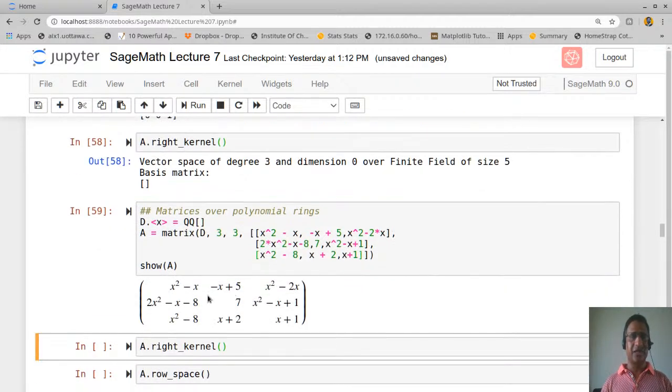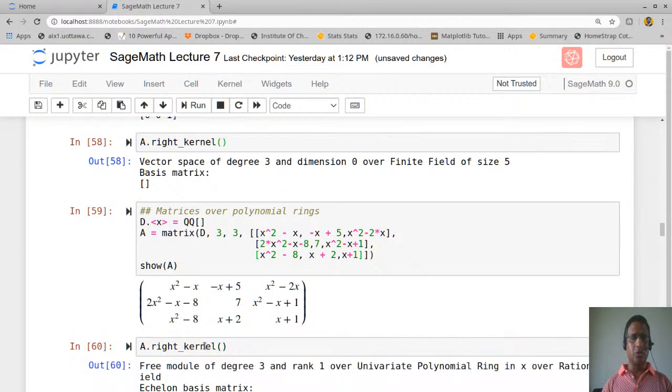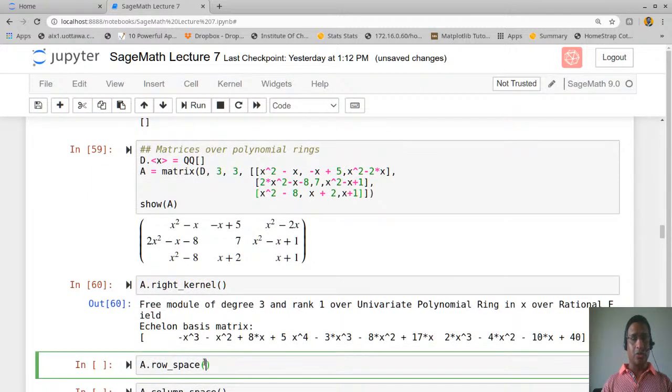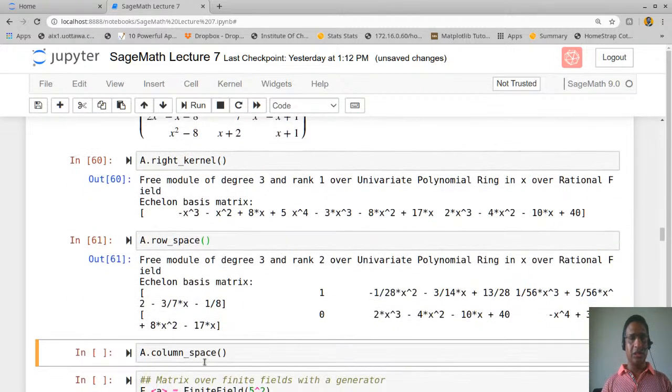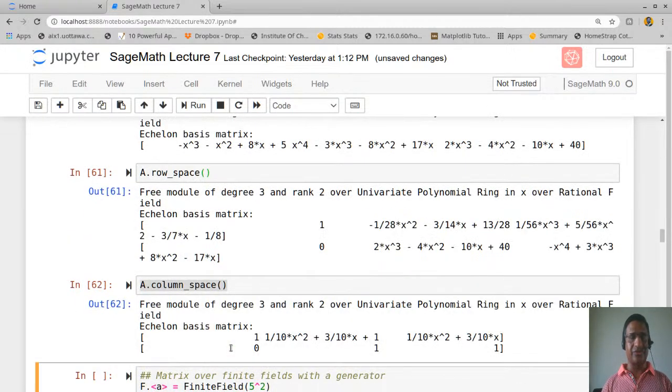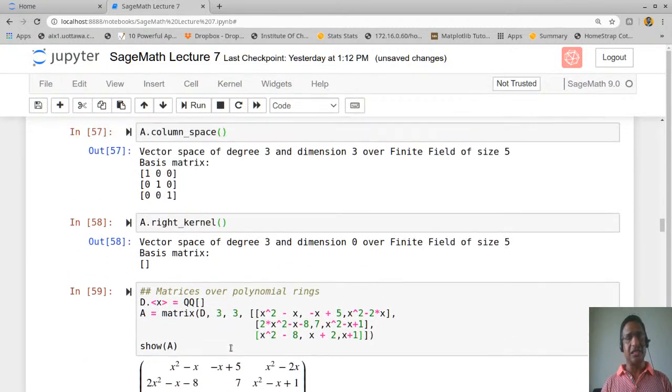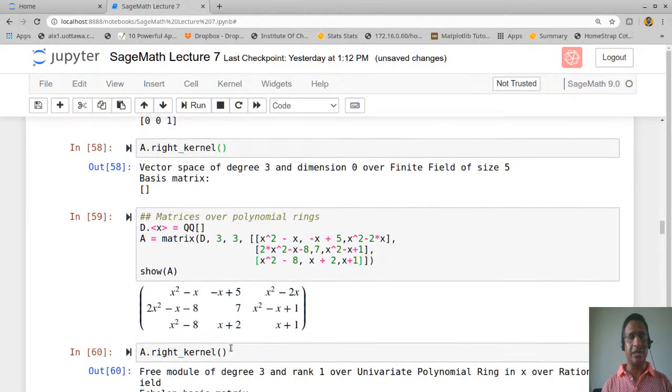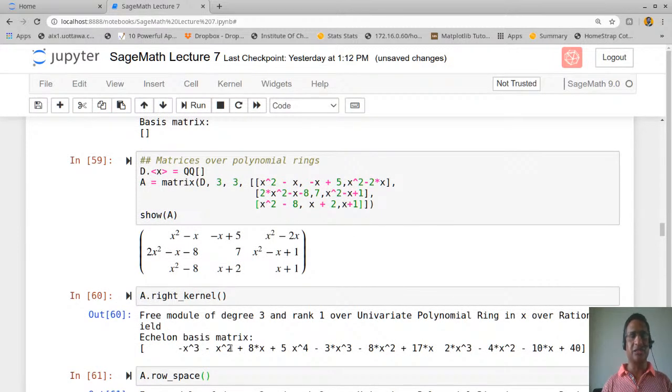So that is a matrix over Q[x], and again you can find row space, column space over this. So in this sense, Sage has very good facilities to not only deal with matrices over real numbers or integers or rational numbers, but it can also deal with matrices over finite fields, in fact over some polynomial rings and things like that.